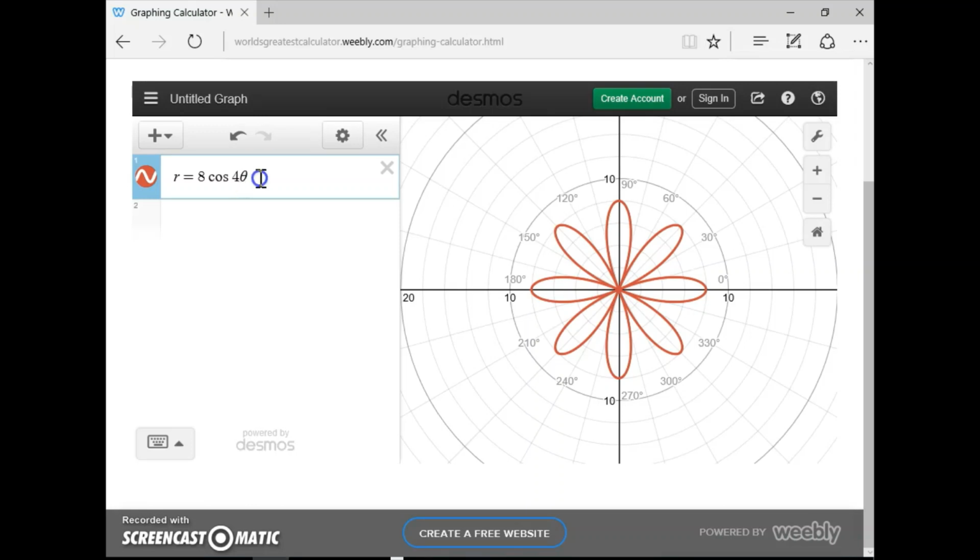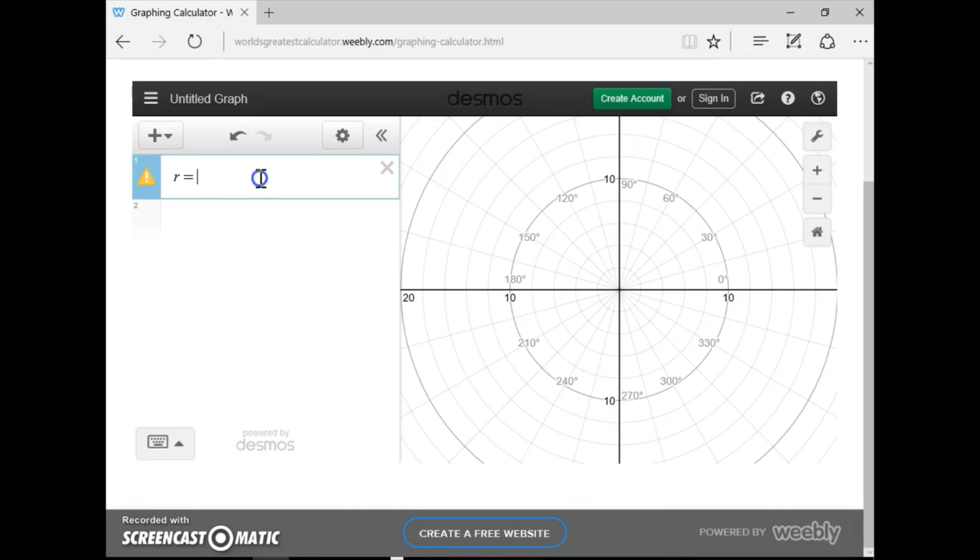Go to Desmos. We want r equals negative 3 divided by cosine theta minus sine theta. So you can see it's a line. We knew it was a line. Remember, if you look at the original equation, it said y equals x minus 3.